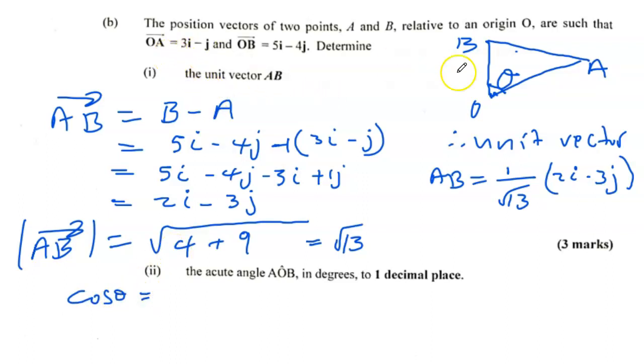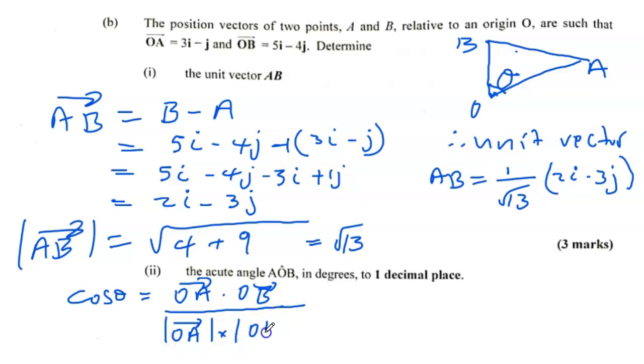the dot product of the two vectors, in this case OA and OB, over the modulus of OA times the modulus of OB.